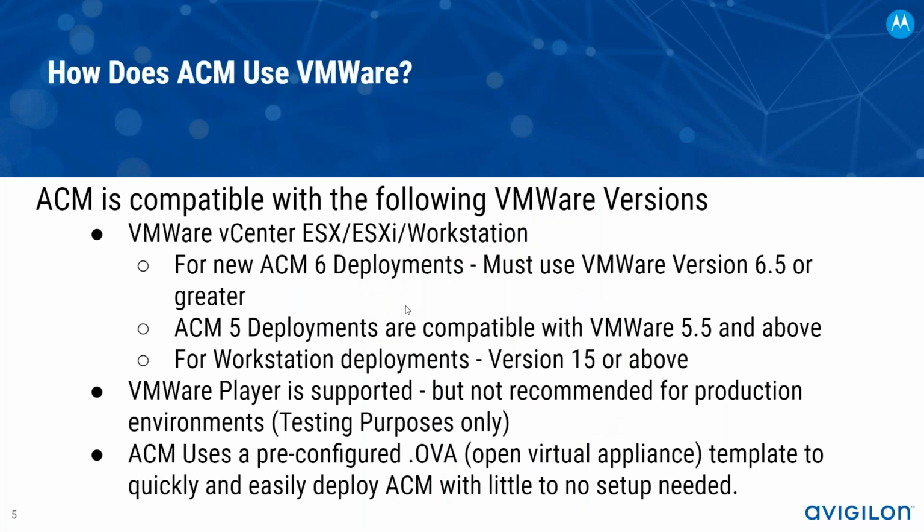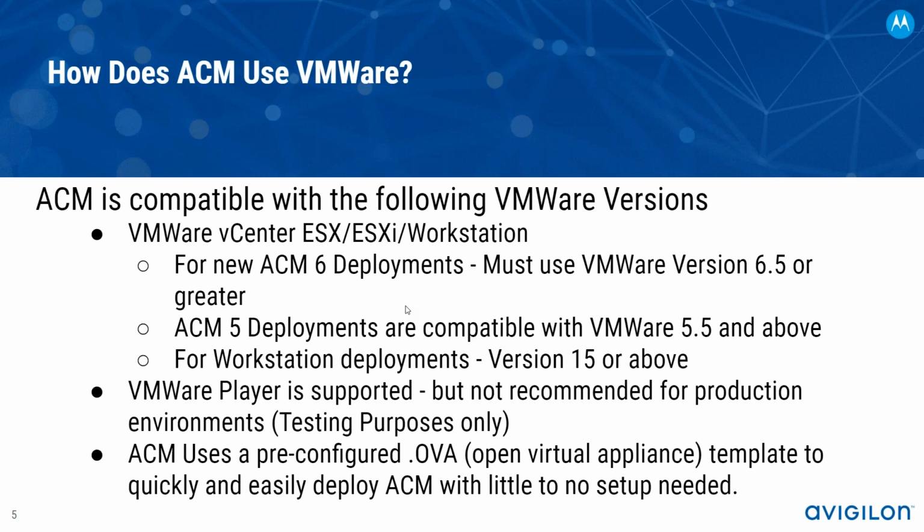Okay. So how does ACM utilize VMware? Now, ACM is compatible with some specific versions of VMware products, specifically ESX, ESXi, and VMware Workstation. This is what we describe in our documentation. One thing to note, and this is kind of a note on here, it's also a best practice.